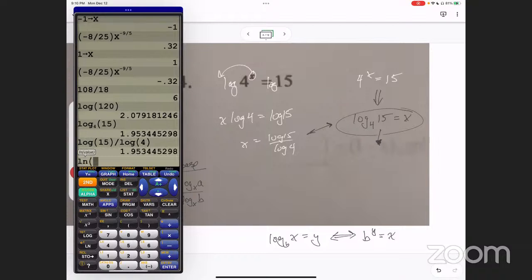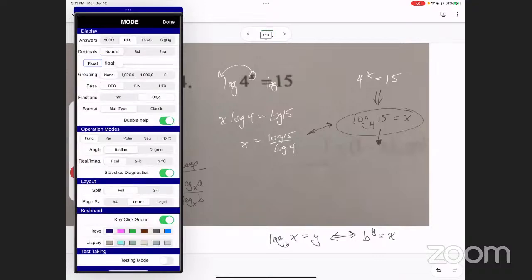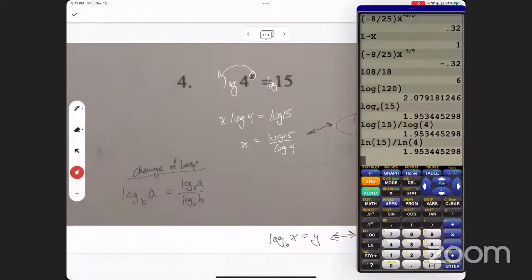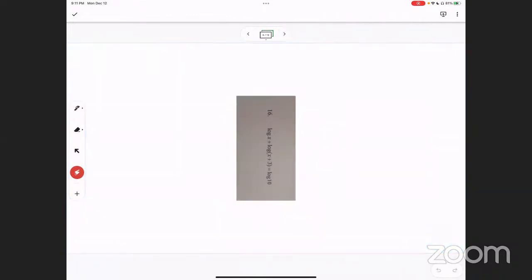Or you could have done natural log of 15 divided by the natural log of 4. It doesn't matter what you change the base to, as long as it's the same base, it's going to give you that same answer. Okay. Hopefully that made sense. Yeah, that did make sense.